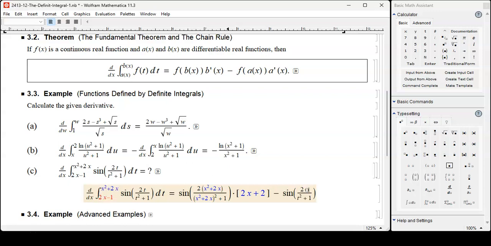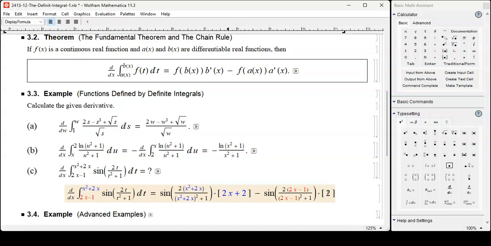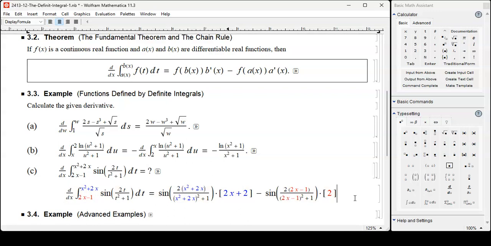Let's just type it in. 2x minus 1. And then we have to multiply the derivative of the inside. That's just 2, isn't it? Let's put some space in between. I guess that completes the problem.